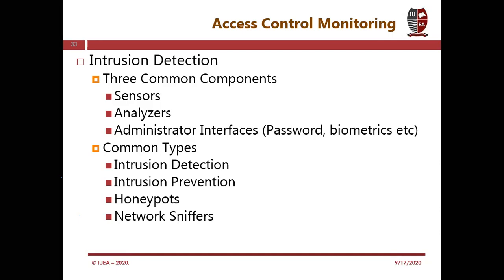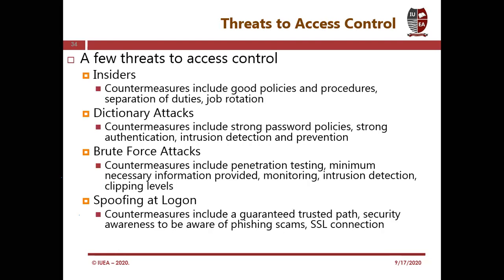Like Kaspersky has it. If you try to access a specific file, it will warn you. Even Windows has it: are you sure you want to install that? So intrusion detection and prevention systems can help you with that. Honeypots and network sniffers are software that can also help you to monitor your system. We shall look at some of those if we have time.